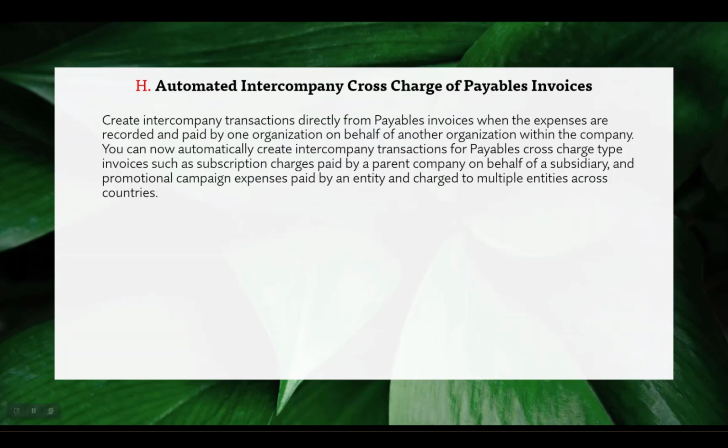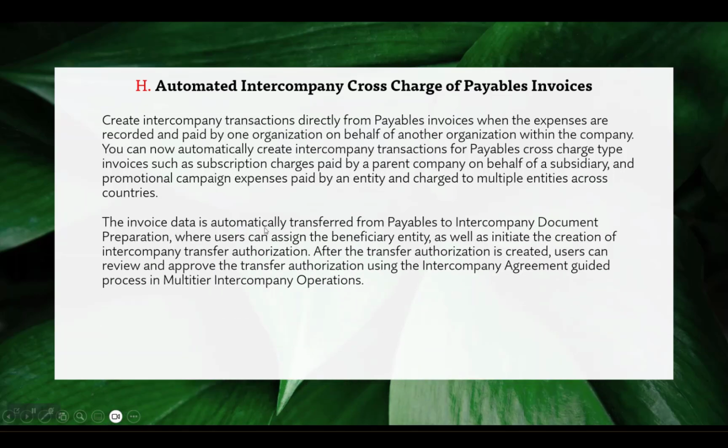If you have a parent company and under this parent you have a lot of subsidiary companies, you can make intercompany transactions between these relationships. Another example is promotion campaign expenses paid by one entity and charged to multiple entities across countries. Invoice data is automatically transferred from payables to intercompany document preparation, where the user can assign the beneficiary entity as well as initiate creation of intercompany transfer authorizations.